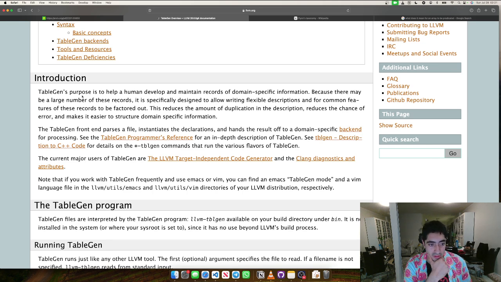The TableGen front-end parses the file, instantiates the declarations, and hands the result off to a domain-specific backend for processing. Alright, see the program reference for an in-depth description of TableGen, TableGen description to C++ code for details on the TableGen commands that run the various flavors of TableGen. The current major users of TableGen are the LLVM target independent code generator and the Clang diagnostics and attributes.